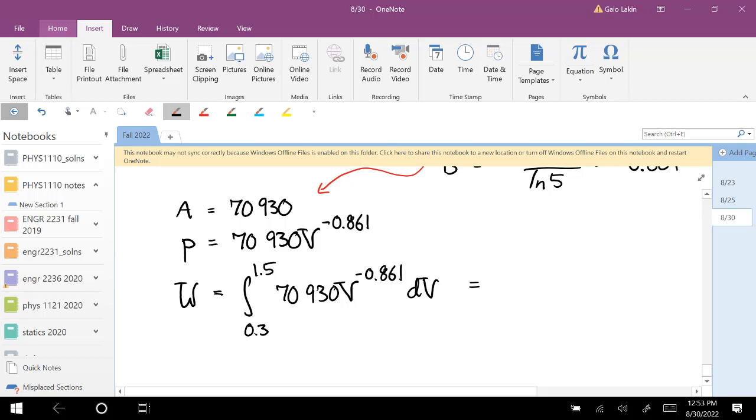The polynomial rule for integrals says that this is equal to 70,930 times V to the power of, so one more than this is 0.139, so V to the 0.139 and divide by 0.139.